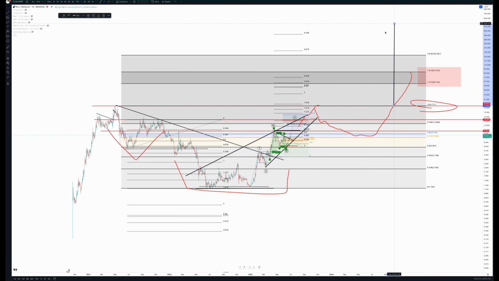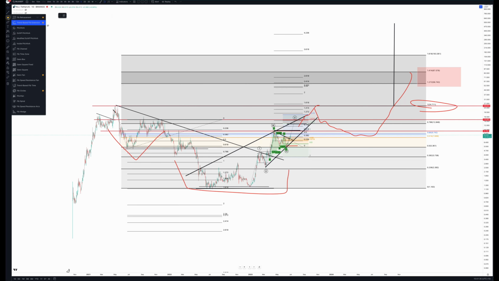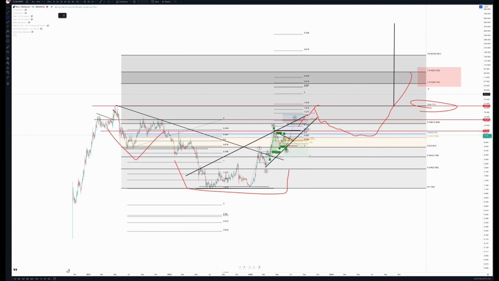We could play out that long term as well. We've got these golden ratios, so we need to look at that as well. Can it go that high? Play out this, or just play out this other formation. Golden ratio, yeah, it might just get stuck at one of these Fibonacci's.